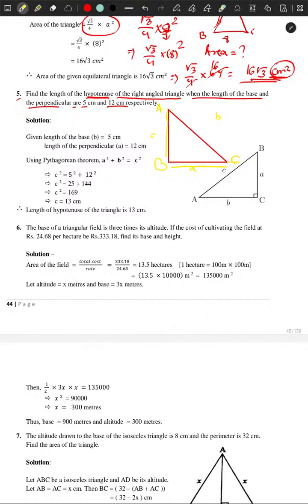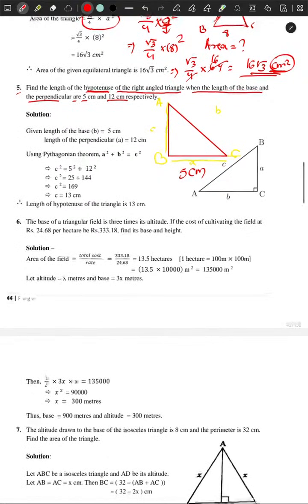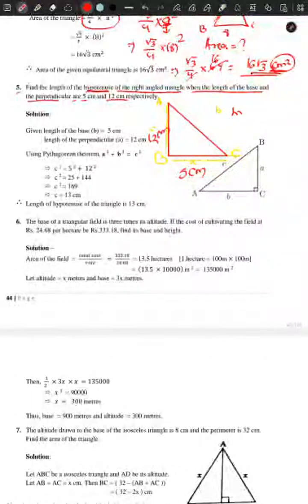Here the length of the base and perpendicular are 5 and 12 cm respectively. Hence 5 cm is base and 12 cm is perpendicular, and it asks us to find its hypotenuse. How can we figure out its hypotenuse?